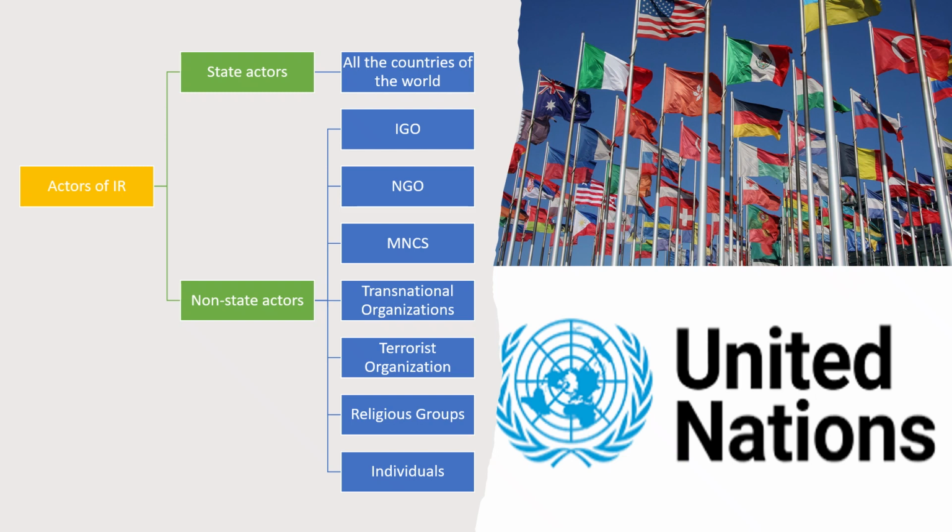Then we have non-state actors, and we have numerous types of non-state actors. We have international governmental organizations, non-governmental organizations, MNCs, transnational organizations, terrorist organizations, religious groups, ethnic groups, individuals, and there are many more actually. But today here we're going to study all these types of non-state actors, okay? So let's study these in detail.